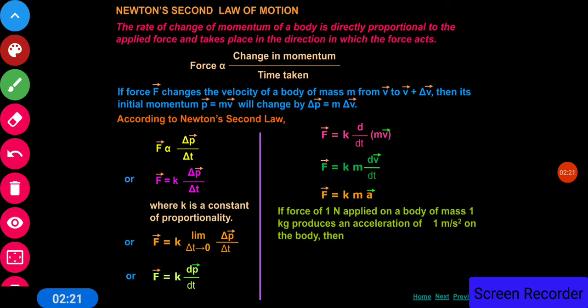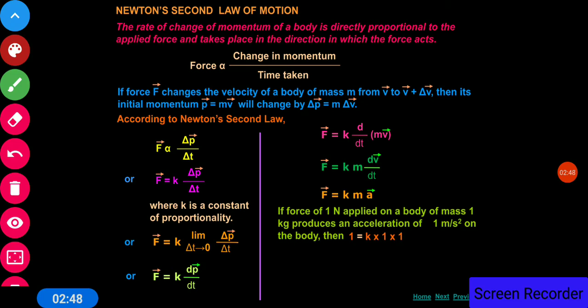So we can say that if a force of 1 Newton applied on a body of mass 1 kg produces an acceleration of 1 meter per second square on the body, then 1 = K into 1 into 1. So here we have taken F = 1 Newton, mass = 1 kg, acceleration = 1 meter per second square.